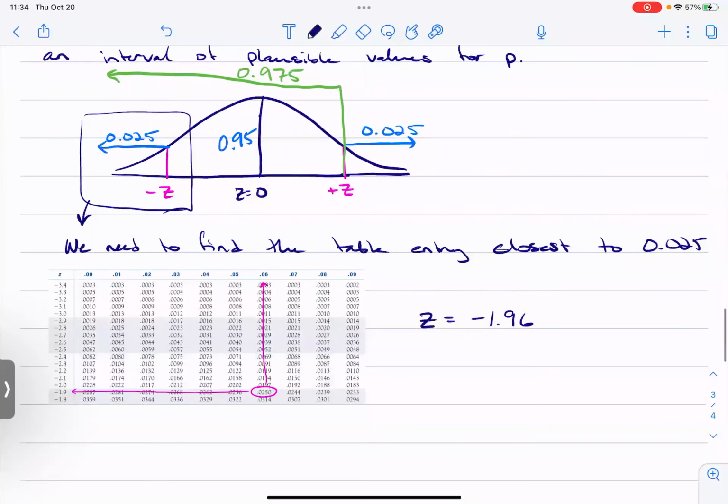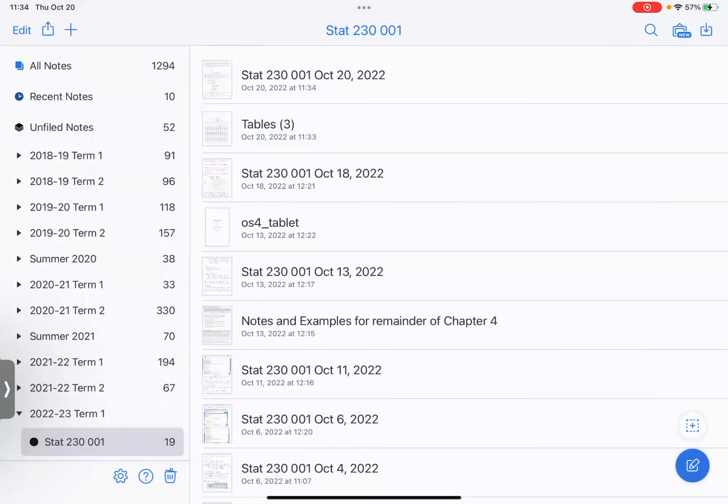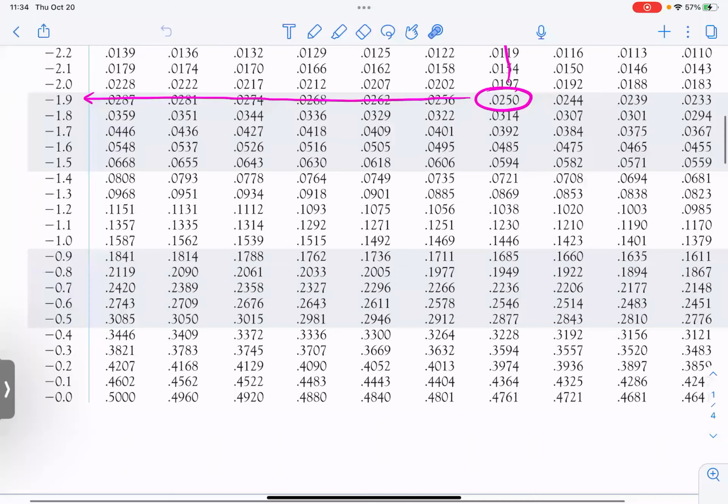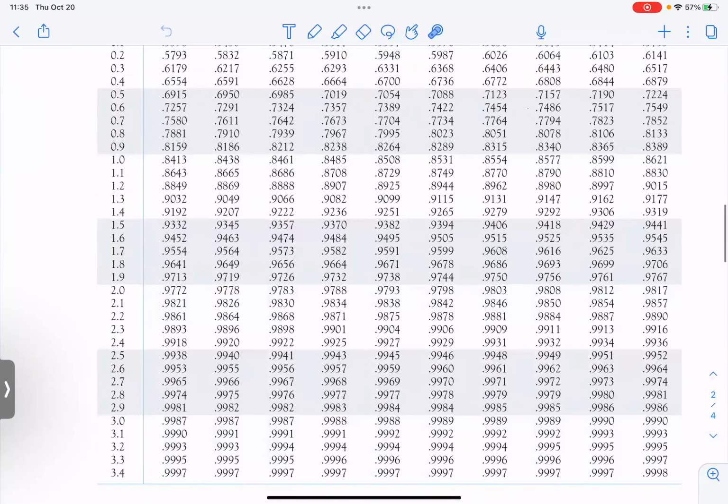Let's see here. Let's do the same thing. Do we actually need to do this one? No, right? But we'll do it to confirm. Why don't I need to do this upper side? Because of symmetry, right? It should be the same value, but positive. But let's just confirm it. We decided the area to the left is 0.975.